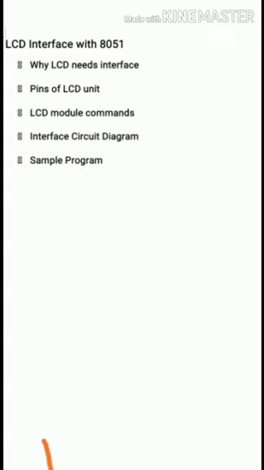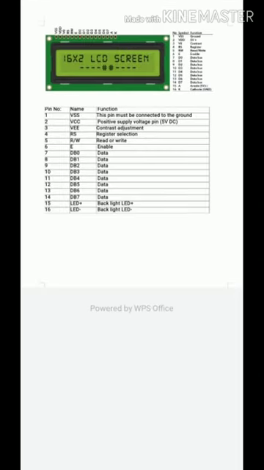Data needs to be sent to it through a processor or a controller. It needs to be interfaced either with a microprocessor, a microcontroller, or any other processor for that matter. That is the reason why LCD interface has to happen if an LCD needs to be used.